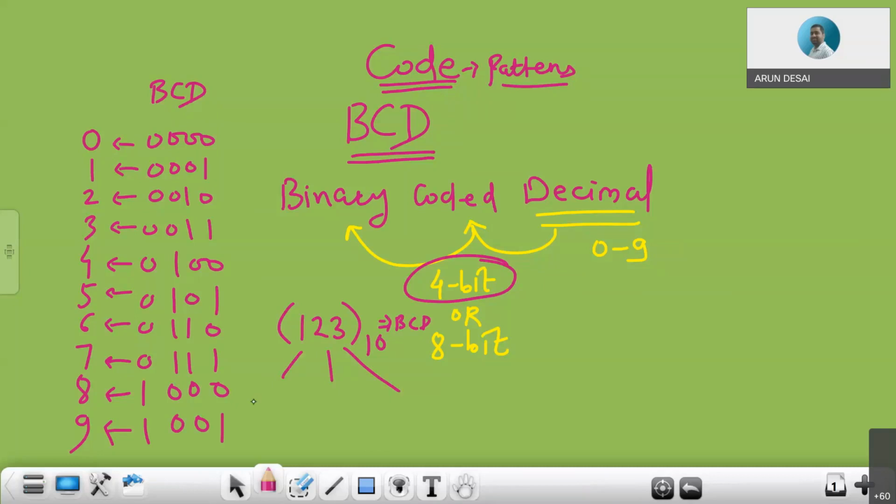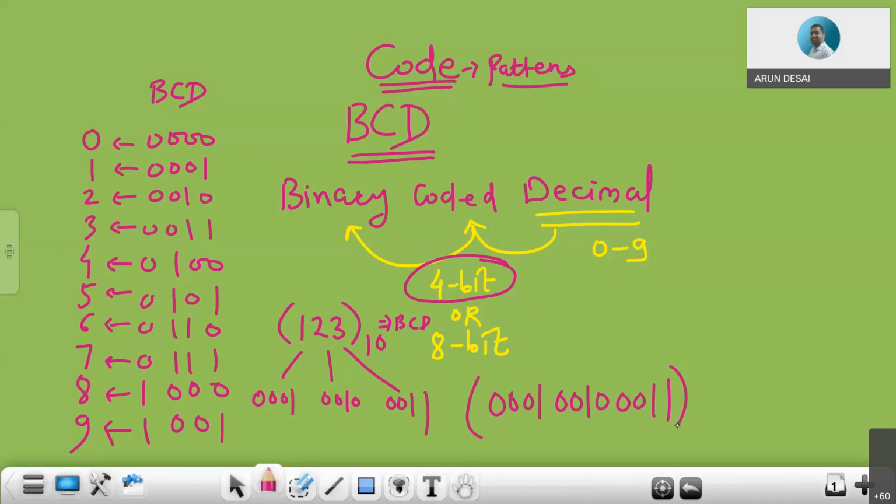So for 1, 0001, for 2, 0010, and for 3, 0011. So the BCD number for 123 is this. You need to write a 4-bit equivalent binary for each and every digit of the decimal number. So this is how BCD works.